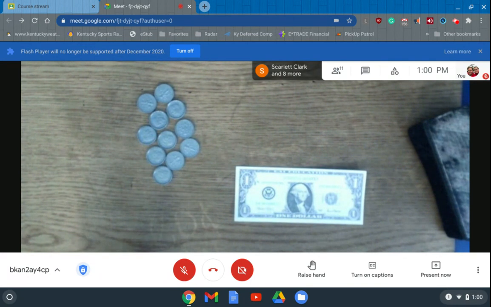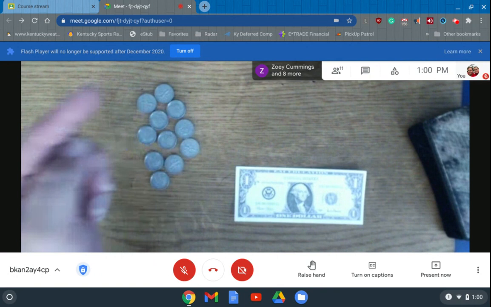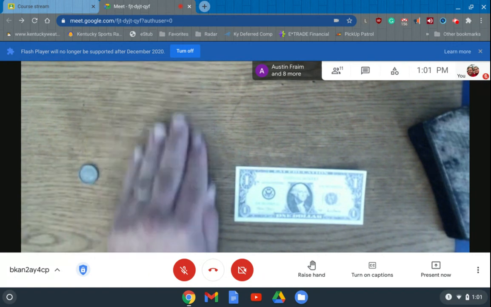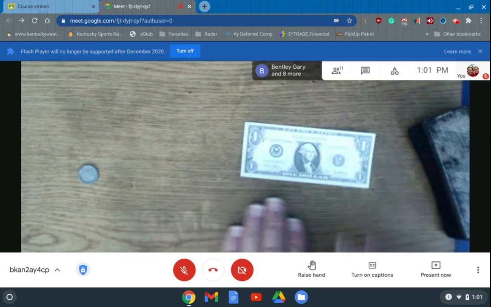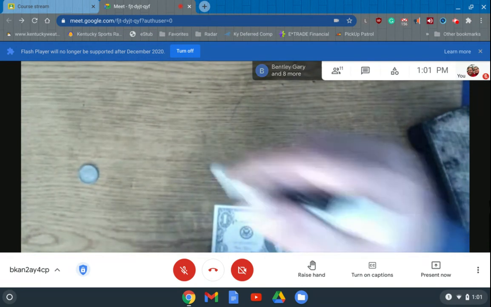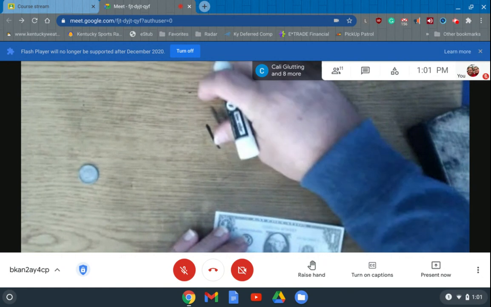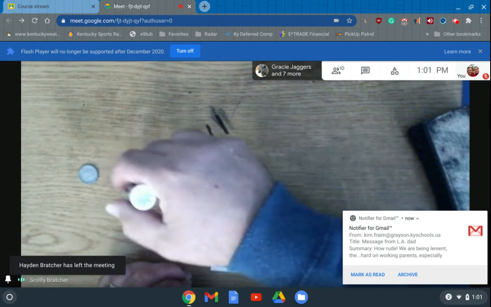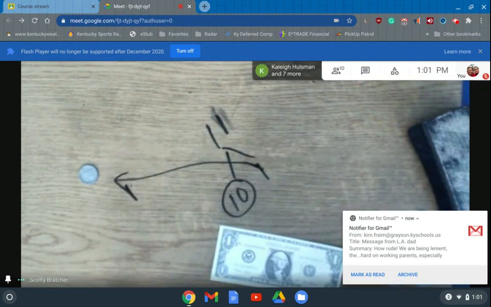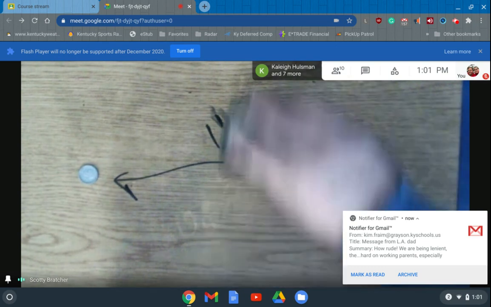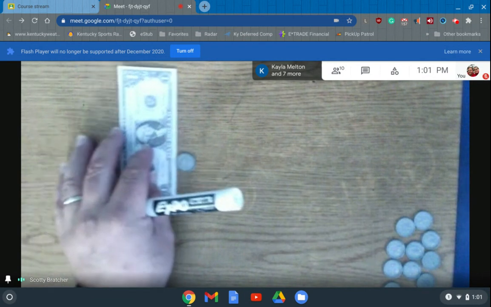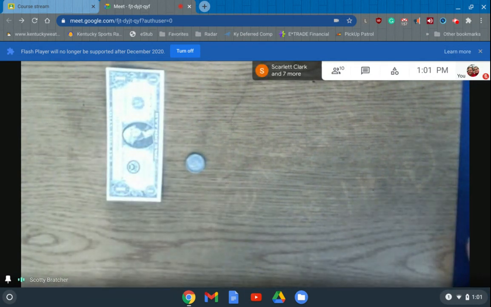I could have gone 1, 2, 3, 4 all the way up to 10. Okay, but Callie told me the fastest way to do it. The fastest way to do it is to leave one of them and get rid of the rest of them, because 11 is made up of a 10 and a 1. So if this is the 1, the rest of them is the 10. Okay? So Callie's told me exactly the fastest way to exchange those. And there they are. Okay? I'm going to move these over to the side.